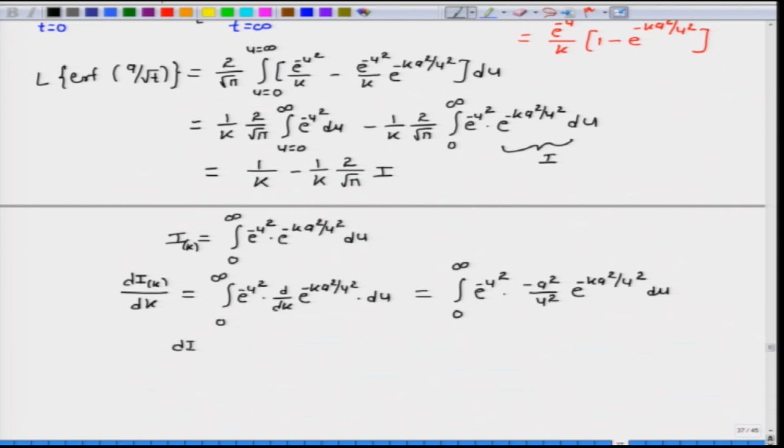So, dI by dk in this case is minus a square integral 0 to infinity e to power minus u square times 1 over u square times e to power minus k a square by u square du.